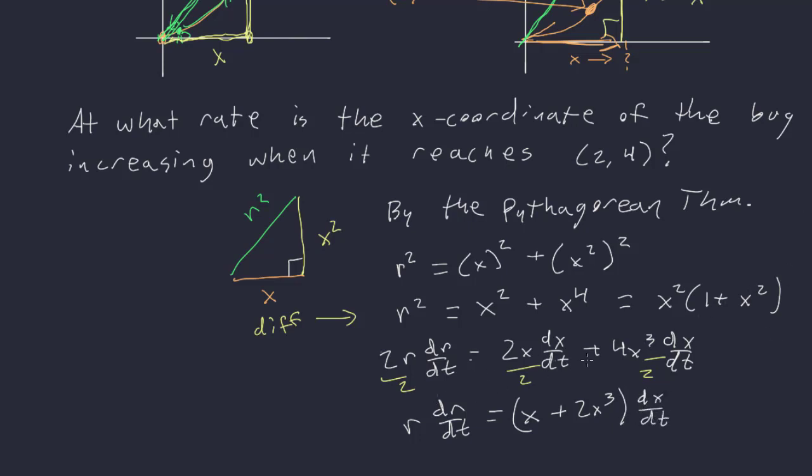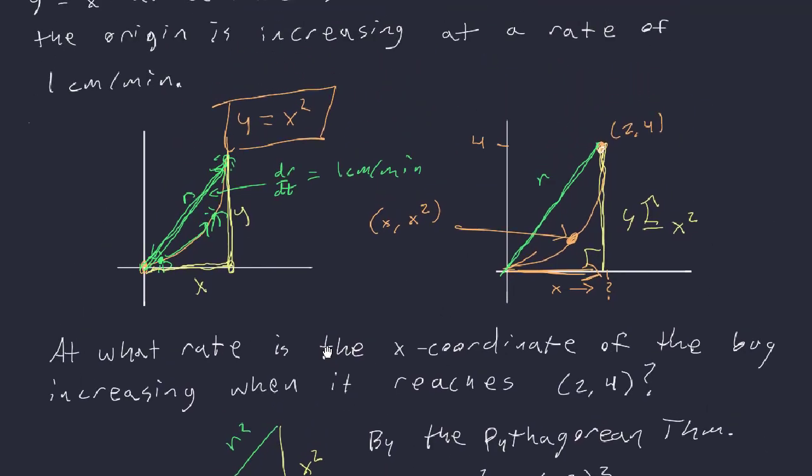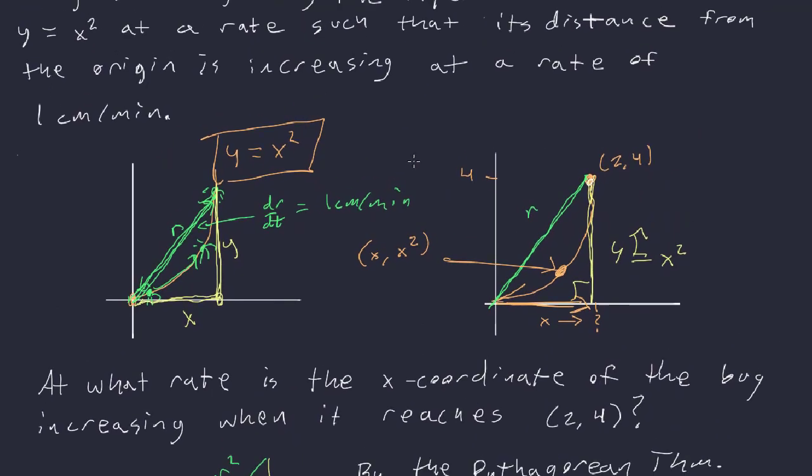All right, now we can start plugging things in. Well, do we know what all of our values are? Well, yes, we know that x is 2 in this situation. We know that dr/dt is always 1 centimeter per minute, which means x is 2 centimeters.